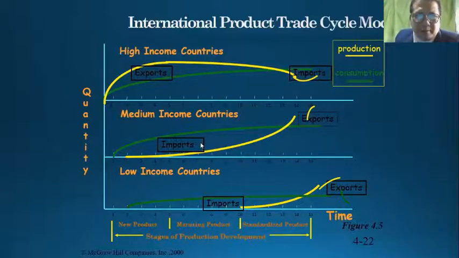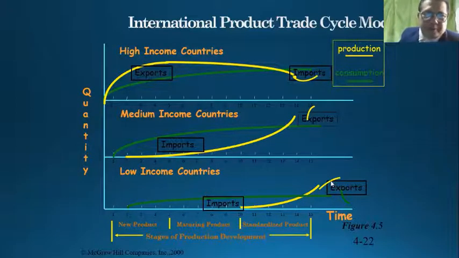And here in medium countries, they consume more and they also export at the medium, no? And they produce here. And at the low income countries, you look at the green, they consume at the middle part and they also produce more for export.